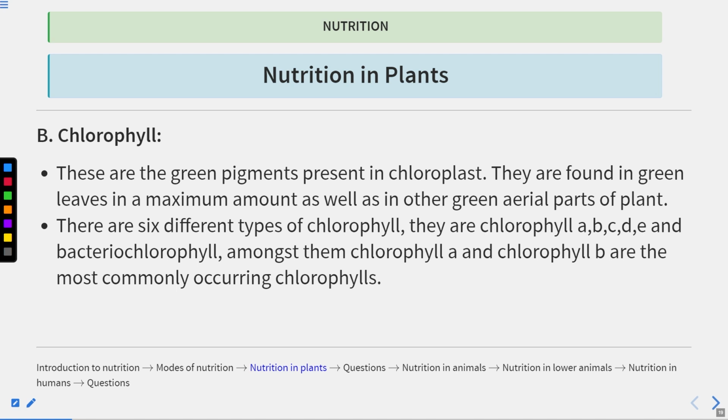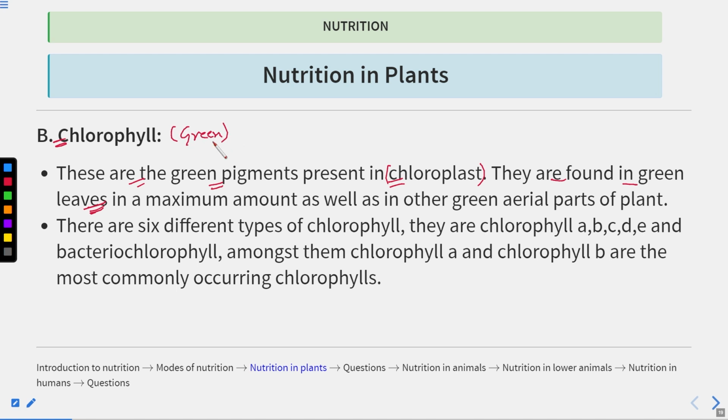Next, the essential substance is chlorophyll. Chlorophyll is very important. These are green pigments present in the chloroplast. So where is chlorophyll present? Chlorophyll is present in the organelle known as chloroplast, and they are found in green leaves. This chlorophyll pigment is green in color.